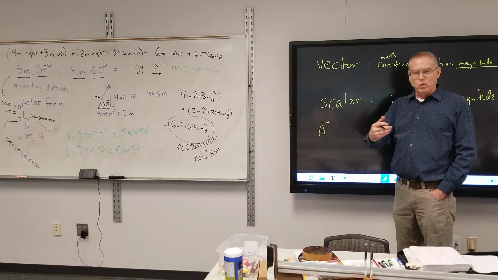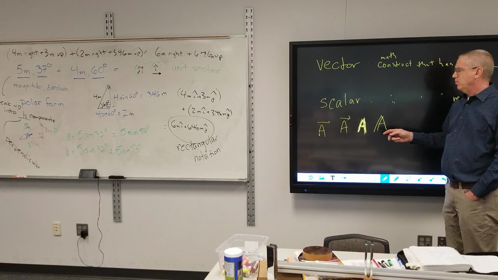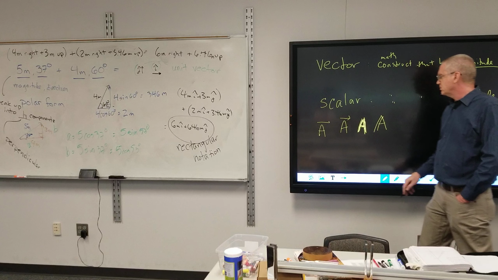It'll be the full arrow as opposed to what I refer to as the half arrow. Some textbooks use boldface for vectors, which is not convenient on the board. This is the way I typically do it.